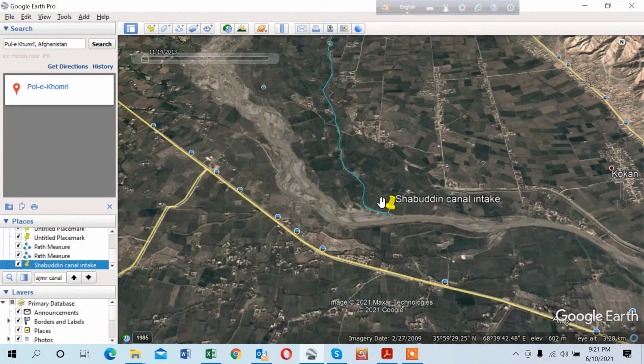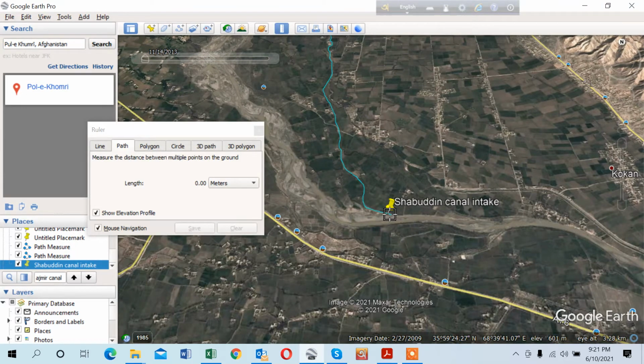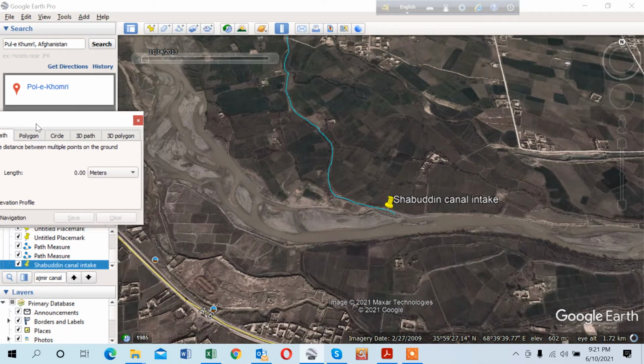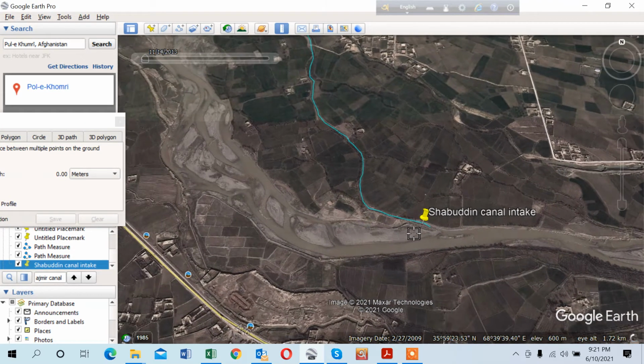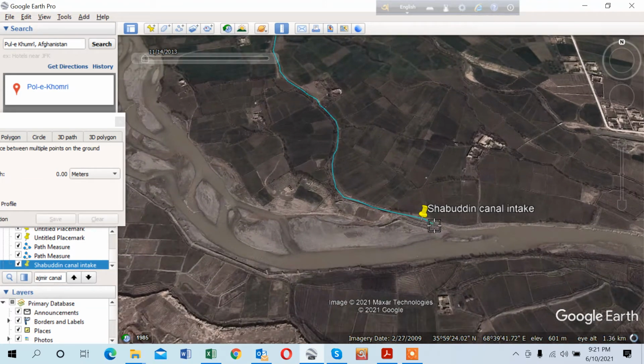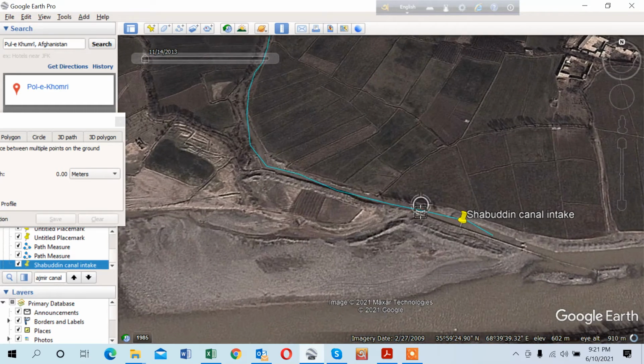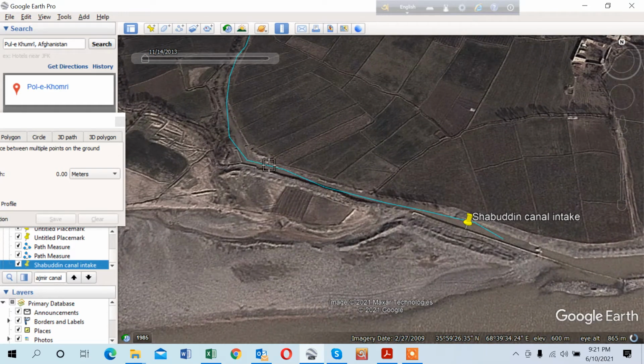So you can see a faint line. This is the main irrigation canal, but I will show you how we can draw. So if you enlarge it a little bit, then you will see the Google Earth map. If you enlarge it, then you will see the canal is visible. You can see this is a natural channel existing, and we will have the intake over here.